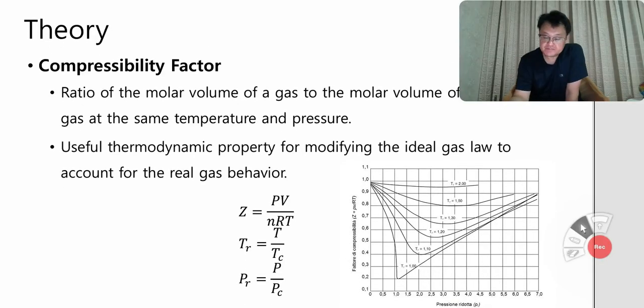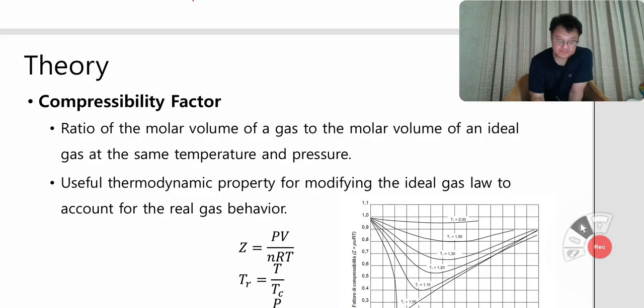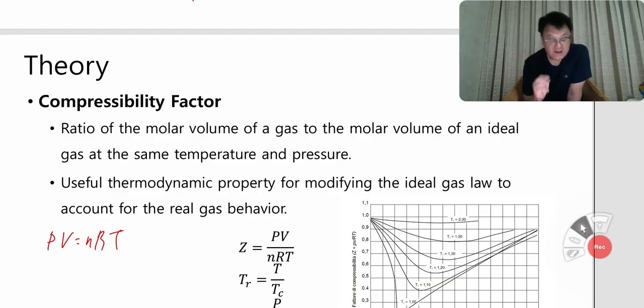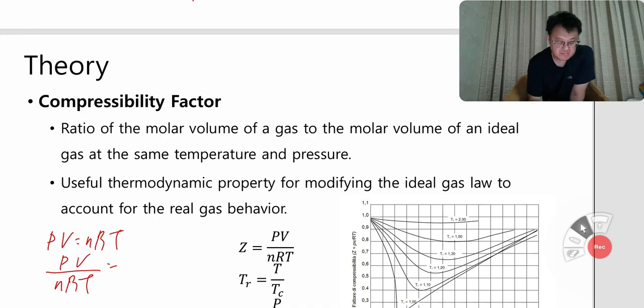Compressibility factor. Okay, so we know PV equals nRT. Well, in this ideal gas equation, in principle, PV over nRT should become 1, but in reality, we know that that value is not necessarily 1, right?